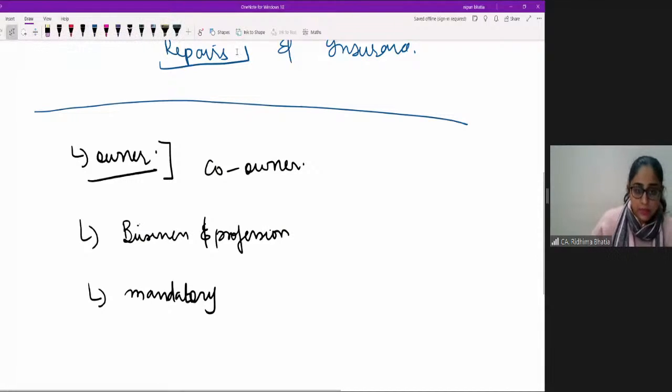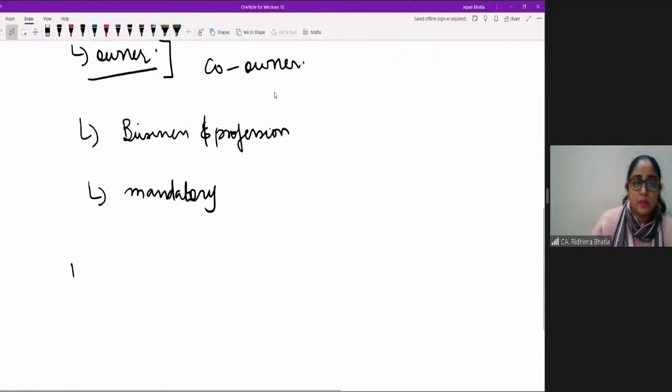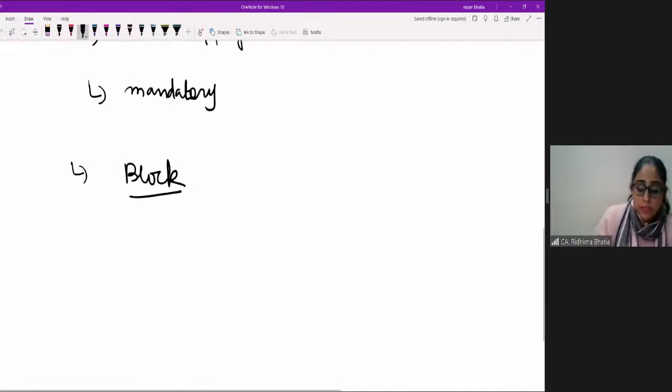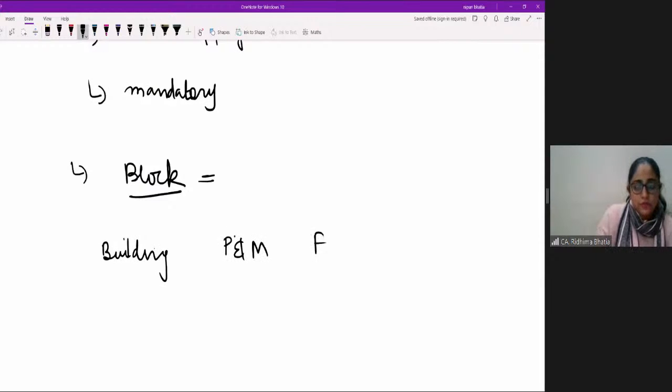Next, in income tax, you get depreciation as per the block of the asset concept. Now, what is this block of the asset concept? You have majorly 4 categories: building, then plant and machinery, furniture and fittings, and then intangible assets.